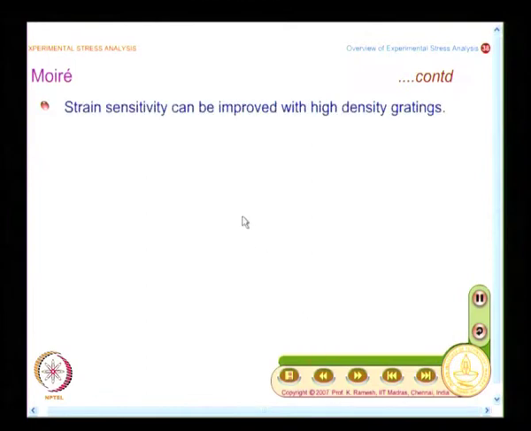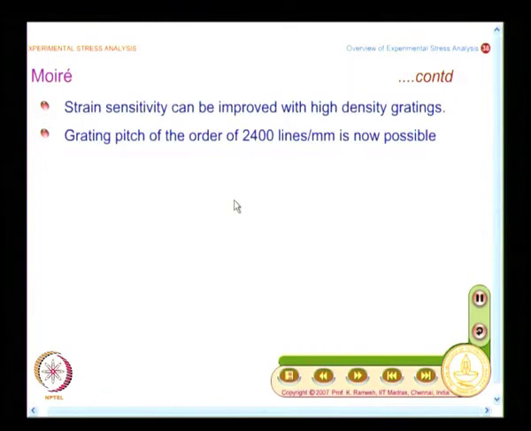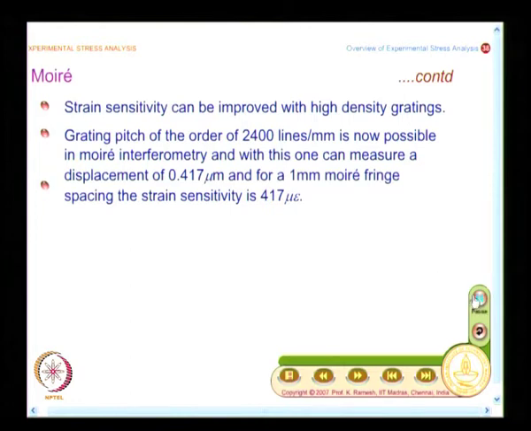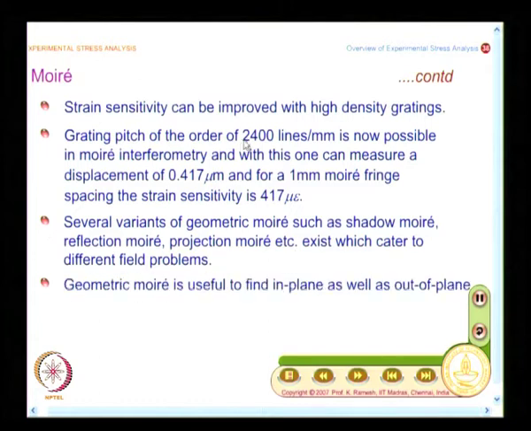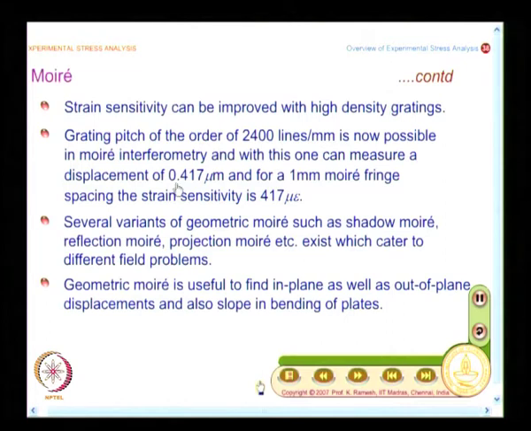People have gone up to 2400 lines per millimeter. And what you find here? If you have 2400 lines per millimeter, the displacement accuracy is of the order of 0.417 micrometer, and suppose you are able to see a Moiré fringe at a spacing of 1 millimeter, which is a reasonable assumption, the strain sensitivity is only 417 micro strain.